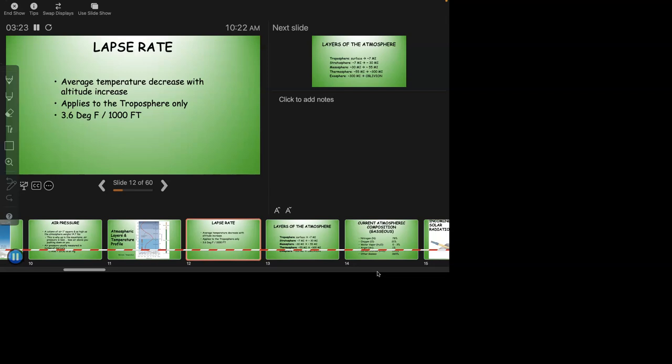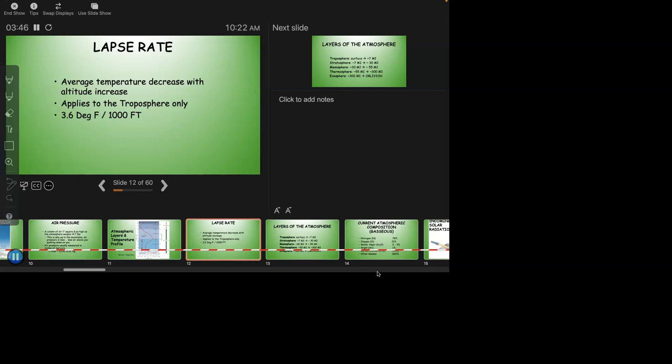All right, so for every 1,000 feet you go up, it goes down about 3.5 degrees Fahrenheit. And as you saw on the previous slide, this is for the troposphere only. I'm sure folks who study the stratosphere have a vocabulary word for the sudden increase in temperature.